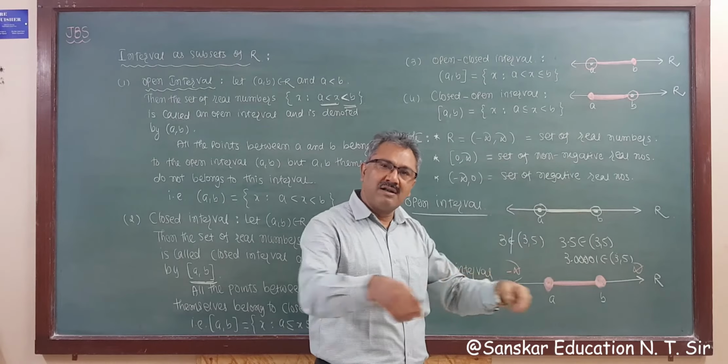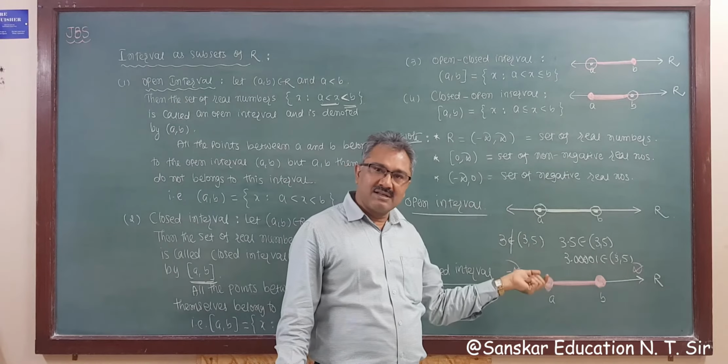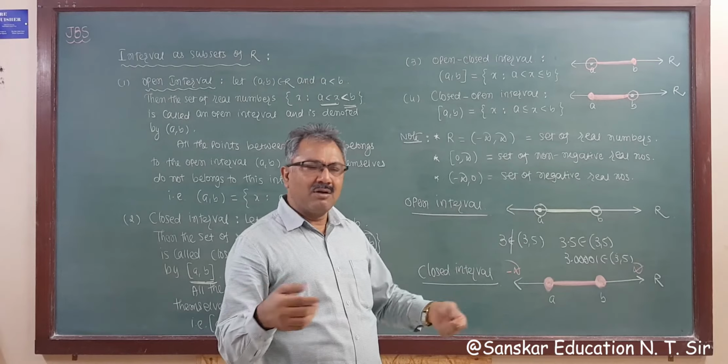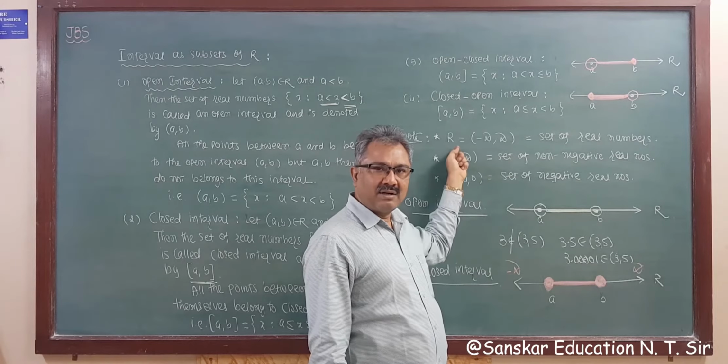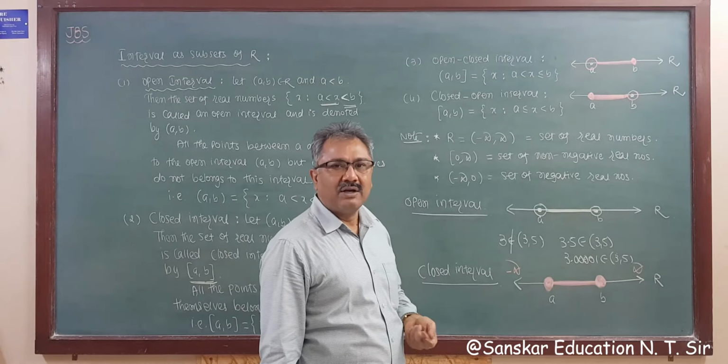That means all numbers, positive numbers, negative numbers, rational numbers, irrational numbers, are included in this. It is called the real numbers, right?